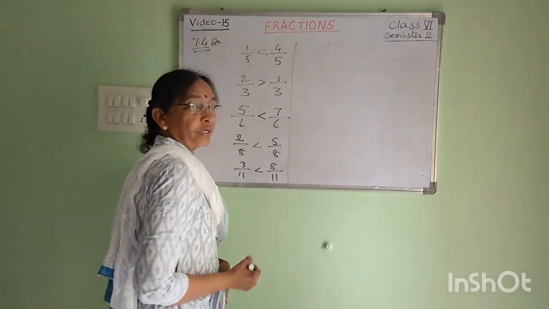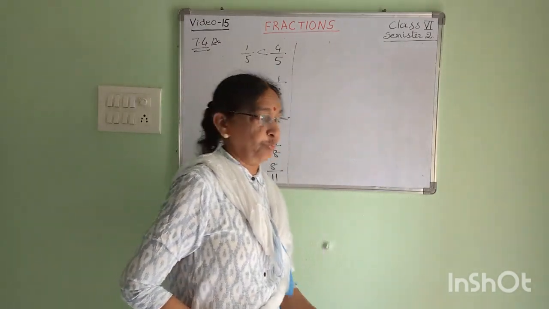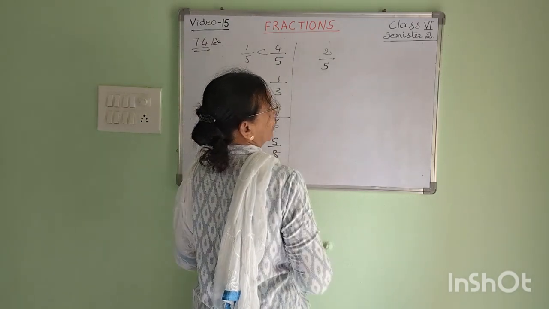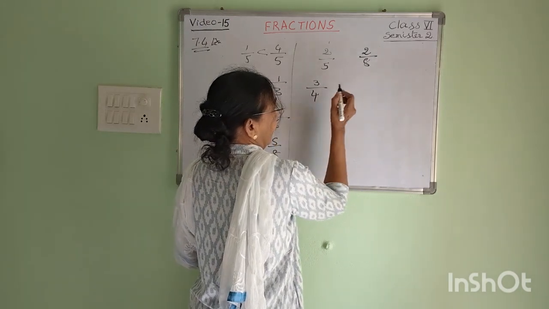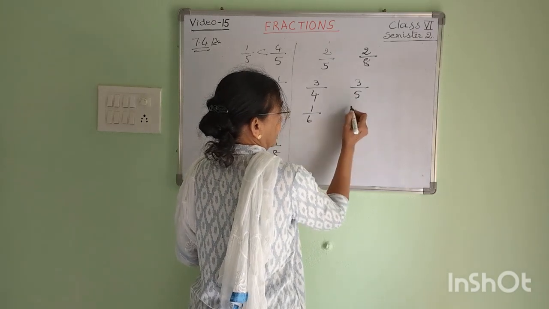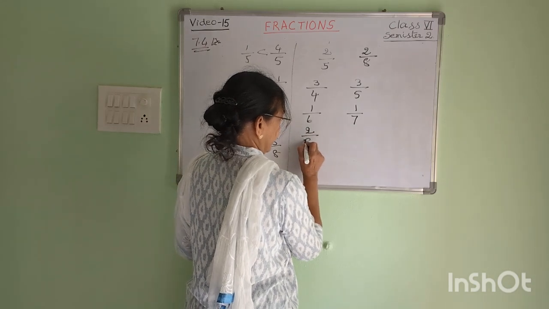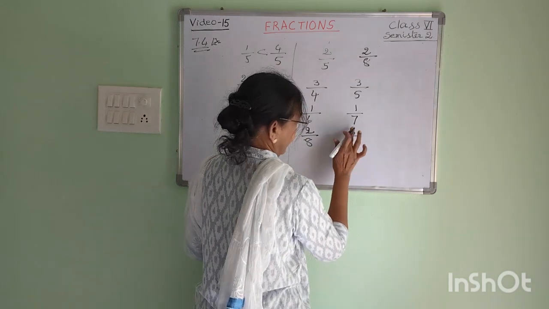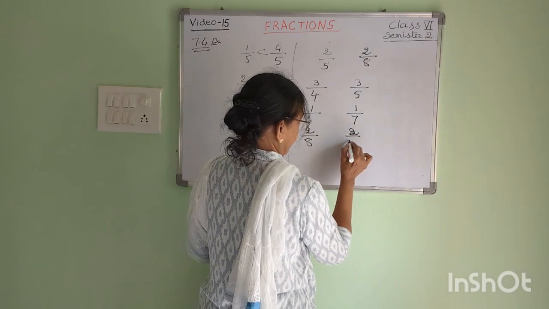Now, I will give the unlike fractions whose denominators are different but numerators are the same. See, 2 by 5, 2 by 8. 3 by 4, 3 by 5. 1 by 6, 1 by 7. 2 by 8, 2 by 7.